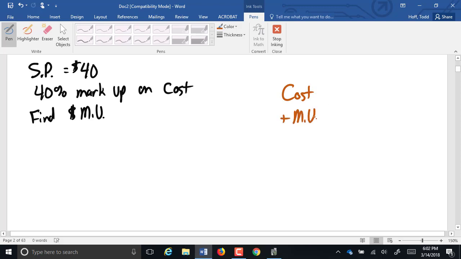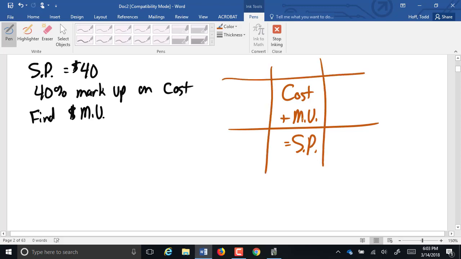Cost plus markup equals selling price. We'll put percents on the left side and dollars on the right side. It's markup on cost, so we're going to put 100 in where the cost is. What else do we know? Where does the $40 go?